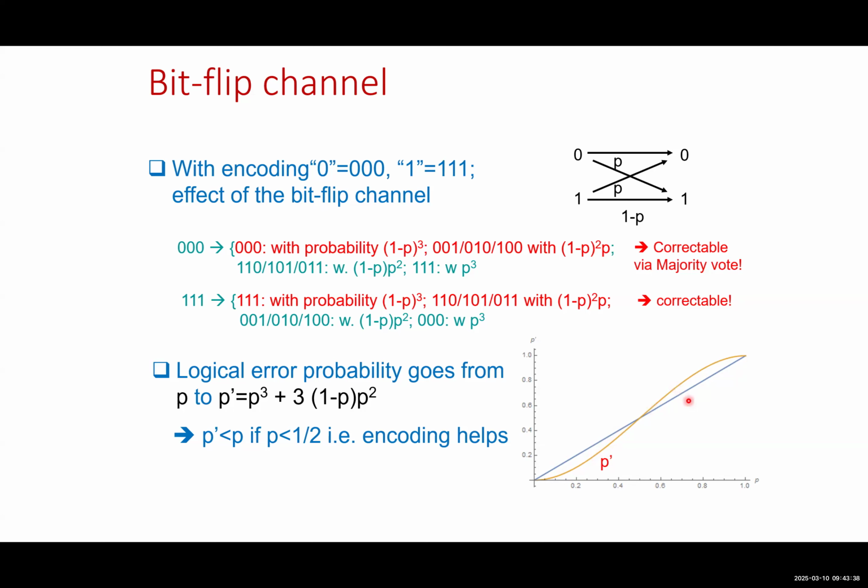If the initial error rate is bigger than 0.5, it would blow up. It will amplify the error. And then we saw that if the error rate is sufficiently small, we get some advantage of doing encoding. So this is the classical bit channel, and the redundant encoding helps.